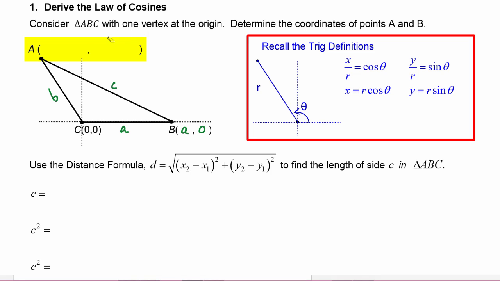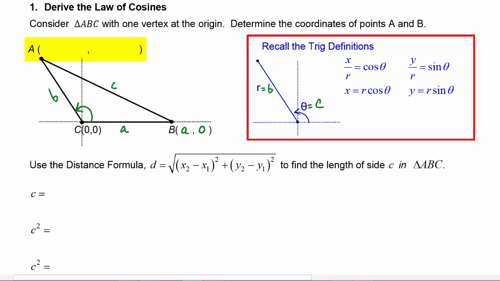Comparing that to our picture of our triangle, this angle right here is angle C. So theta is equal to angle C on our triangle. We can also see that from the origin out to the point, which is r in our trig definitions, in our triangle that is side b. So r is equal to b.